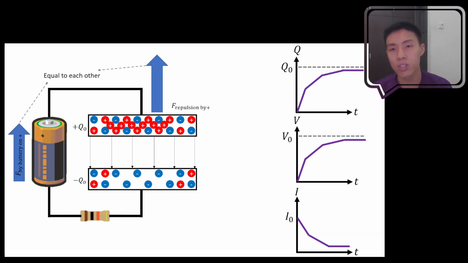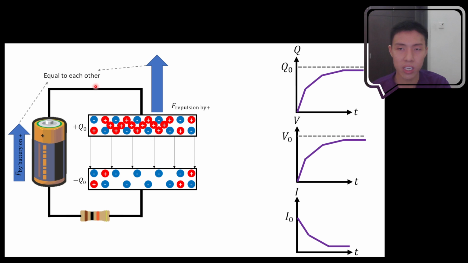Okay, so this was the explanation in the previous video when I talked about charging. At the end of the charging process, you see that the force exerted by the battery to pump the charges in this direction will be balanced by the repulsion force between the positive charges to push the charges out from the plate. So there's force trying to push charges in, there's force trying to push charges out.